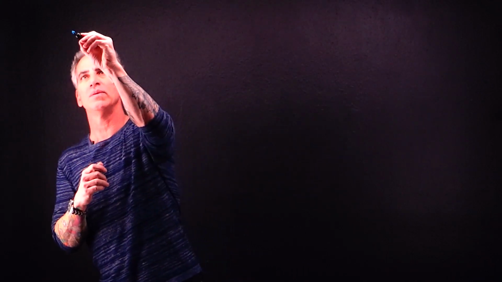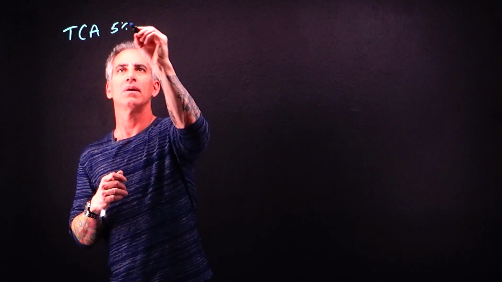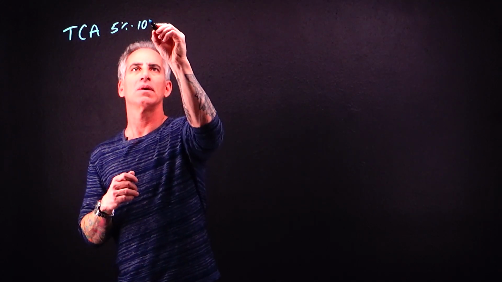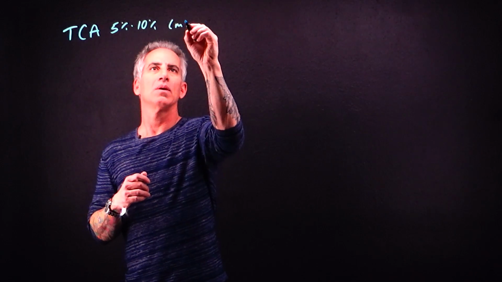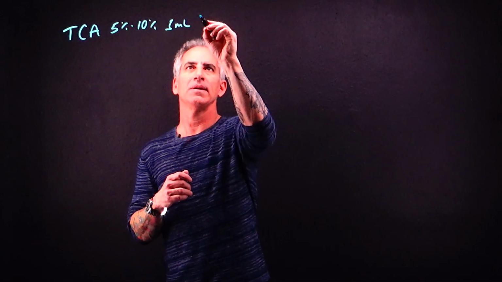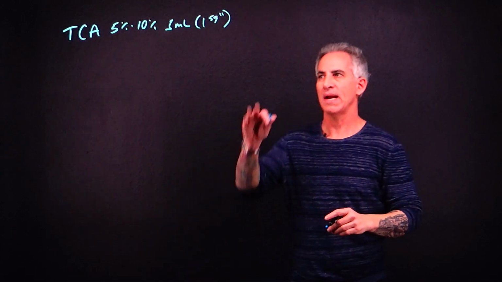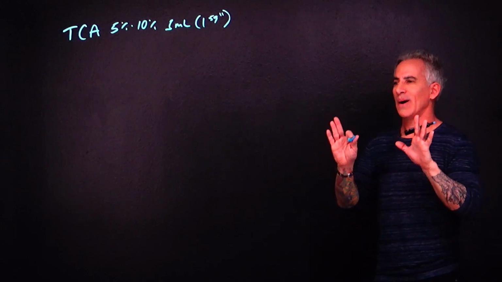All right. What I want to do is I don't want it to be totally blind. So let me do this: 10%, 1 milliliter, and then 1 square inch. Okay, so that kind of gives a reference to what I was talking about.